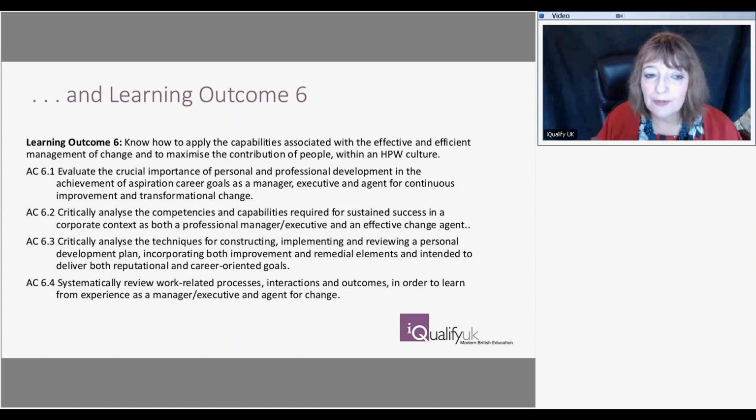And then 6.3, critically analyse the techniques for constructing, implementing, and reviewing a personal development plan, incorporating both improvement and remedial elements intended to deliver both reputational and career-oriented goals. And then systematically review work-related processes, interactions and outcomes in order to learn from experience as a manager, executive and an agent for change.